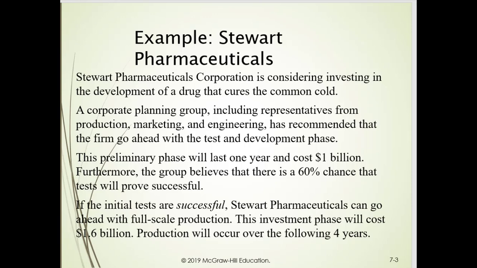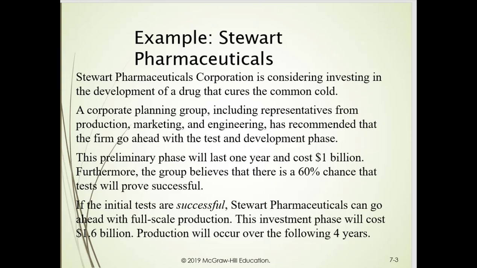We have to go through a development phase. The first, preliminary phase is going to last a year. It's going to cost about $1 billion. And there's a 60% chance that the test will prove successful.